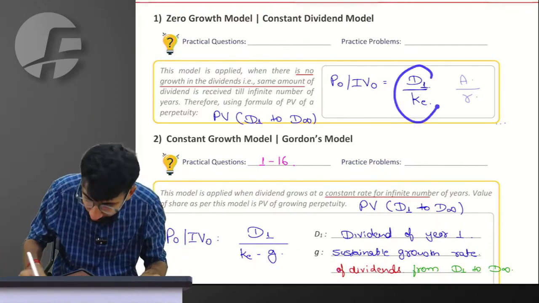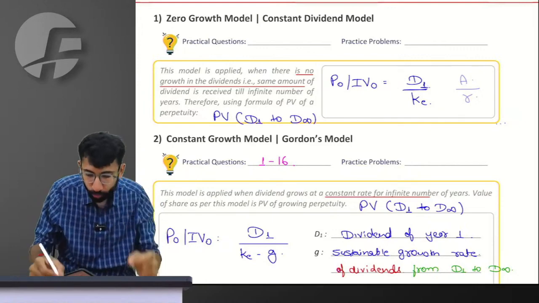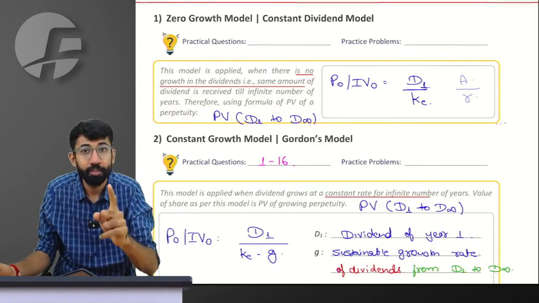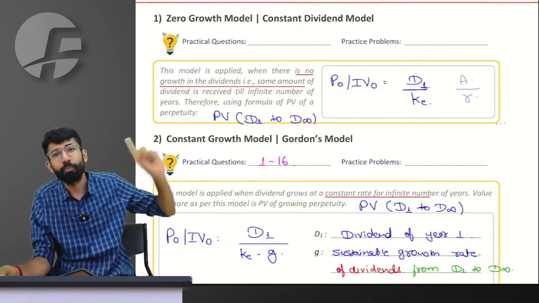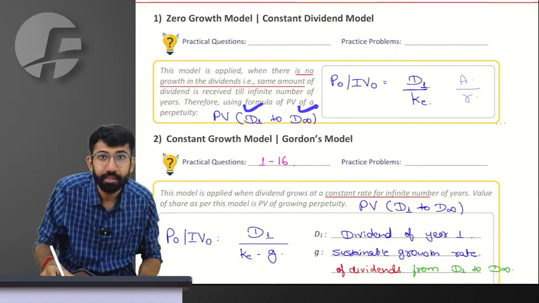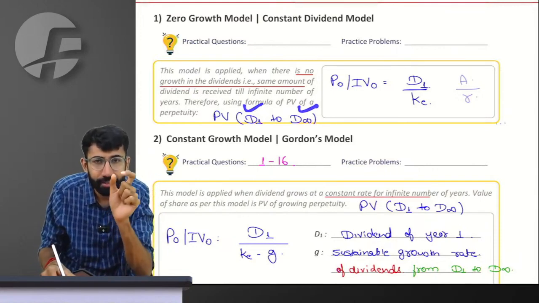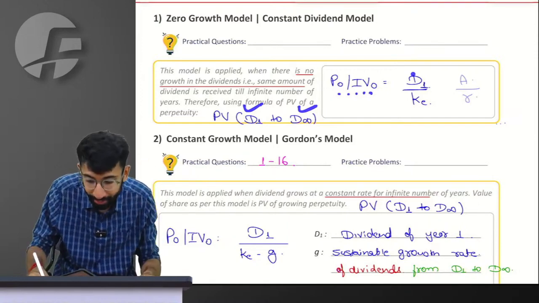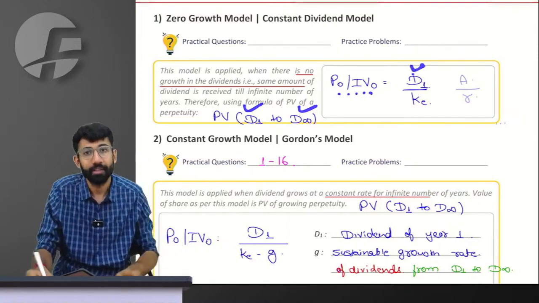So if you apply this formula, what is it doing? It is giving you the present value of all the dividends from D1 to D infinity. Is it also adding D0 to the present value? No, it is starting from D1 till infinity.